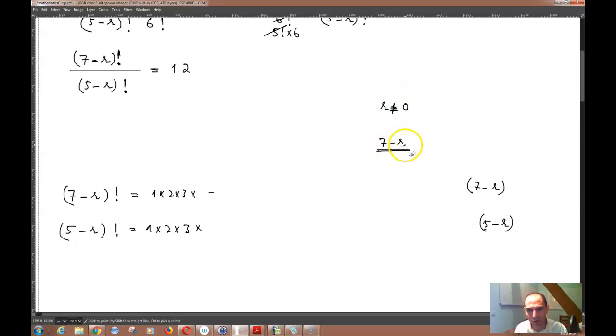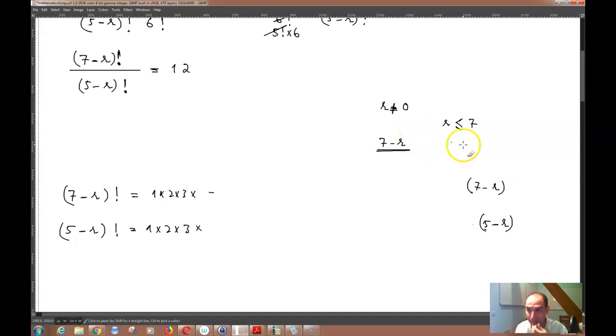And moreover, r is not supposed to be greater than this number, because suppose that r is equal to 8, then 7 minus 8 is equal to -1, and you're supposed to have all natural numbers here and not negative integers. So r has to be less than or equal to 7 in this case.